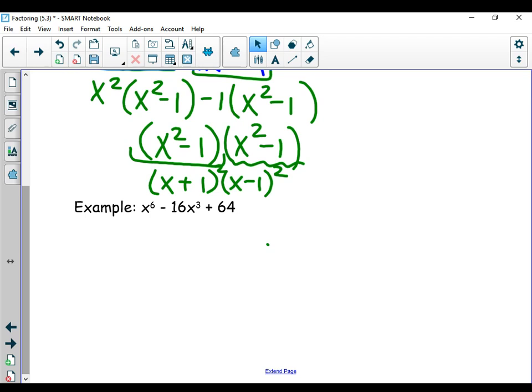Try the next one. Same idea. You can do the shortcut, you can do it the long way. But as long as they are written in that format, you're good to go.